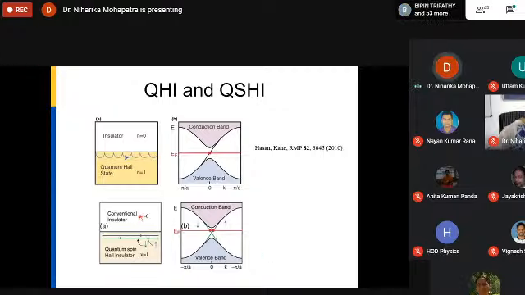Now the question comes, when you combine a conventional insulator with a spin Hall insulator. When you have quantum Hall insulator, you have a different Chern number. When you have trivial insulator, you have another Chern number. So at the edge, when there is a difference in the Chern number, it cannot simply transit smoothly from one state with one Chern number to another state with a different Chern number.